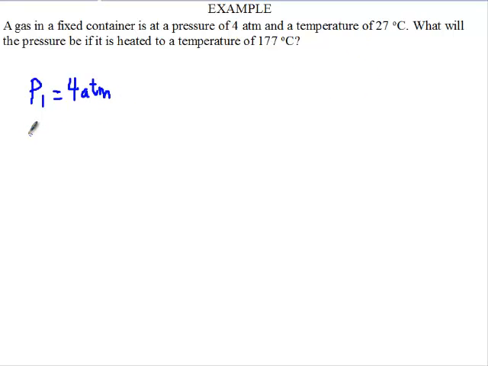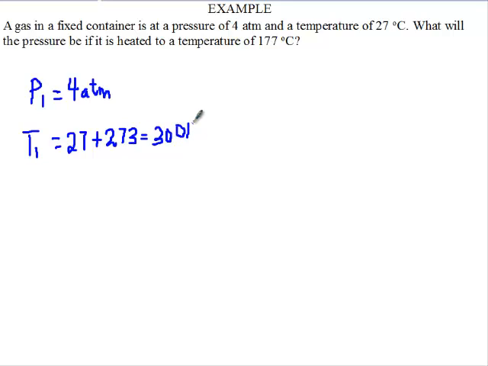Temperature 1 is equal to 27 degrees Celsius. Now remember, our temperature should be in Kelvin, not in degrees Celsius. So to change degrees Celsius to Kelvin, you add 273 to it, and that is going to give us 300 K.